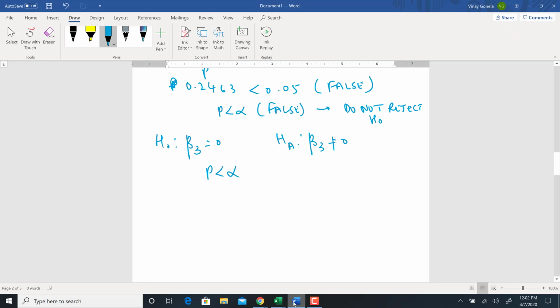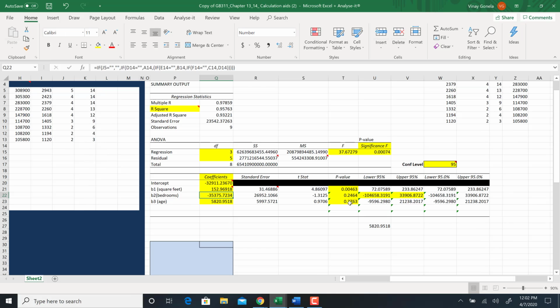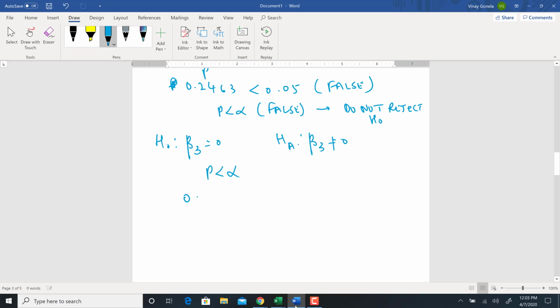So for beta 3, p-value less than alpha. The p-value here is 0.3763. I will change the color so that you understand which value I am using. The p-value 0.3763 is less than alpha, and alpha is 0.05?